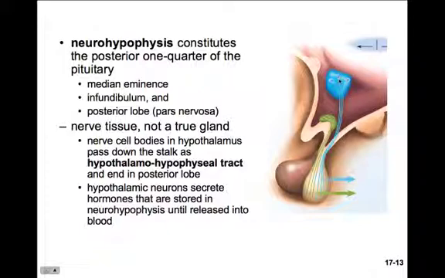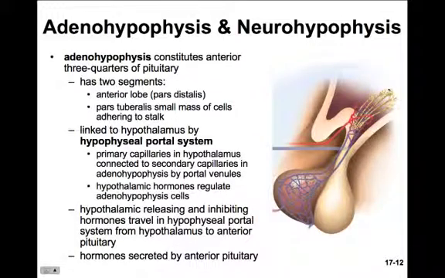Now you have neurons that project directly down into the posterior pituitary, as opposed to having neurons of the hypothalamus that are dropping secretions into a capillary bed that will then be transported down into another capillary bed in the anterior pituitary.